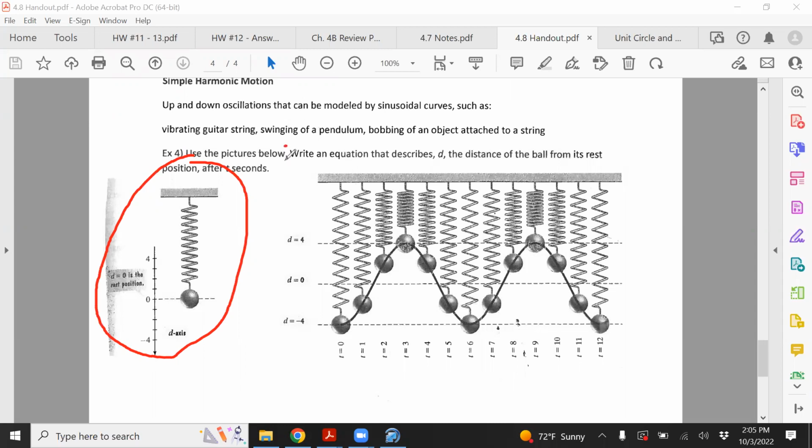So here's what the question is asking me to do. It's asking me to write an equation. For those who are taking physics, or if you're doing physics next year in college, this is dealing with vibration and oscillations. If you have a spring and a ball, you lower or pull down on the ball and let go, it goes back up and down.